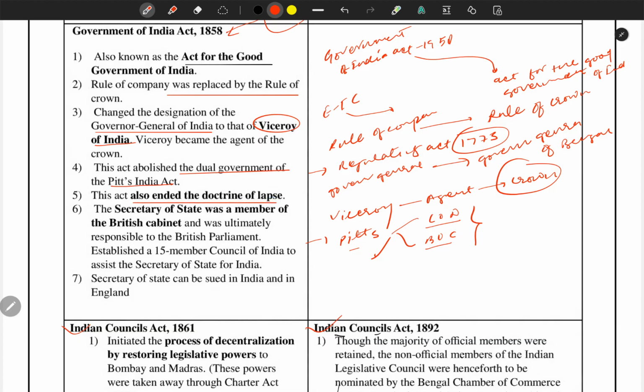And one more important thing: the Secretary of State was a member of the British cabinet. The Secretary of State is an important person.